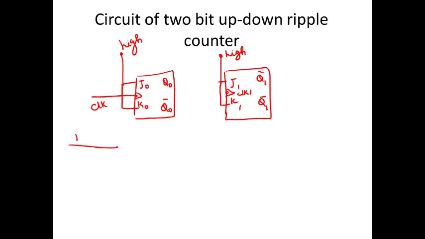I have one more mode bit. Okay. Mode bit can be 0 and 1. That should be an active low because I am using an inverter, right?